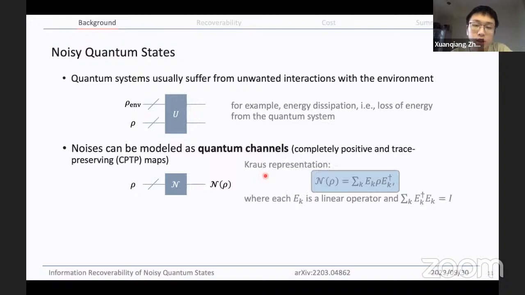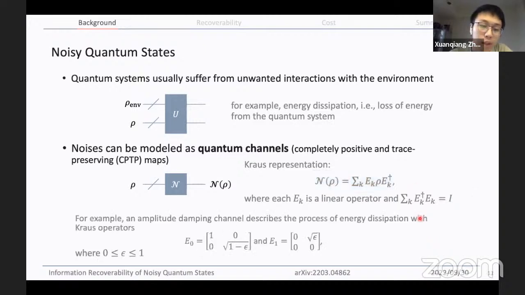And each quantum channel has a Kraus representation, as shown in the blue box. The operators E_k are the Kraus operators for the quantum channel, and they satisfy this completeness condition. As an example, here are the Kraus operators for the amplitude damping channel, which describes the process of energy dissipation.